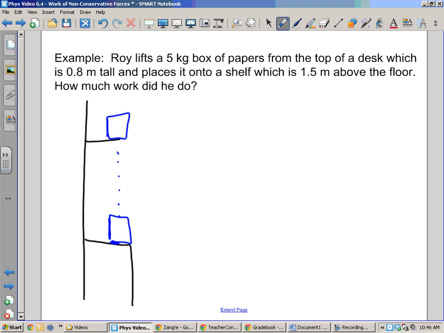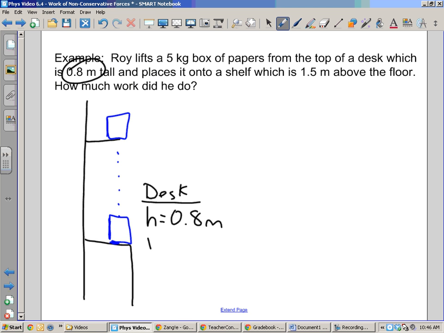So, just like always, we want to think in terms of height and velocity, and you need to think about specific points in the object's motion. In this problem, there are 2 points in the object's motion that we care about. There's what's happening when it's on the desk. Well, we know the height is 0.8 meters. And presumably the papers were just sitting there.